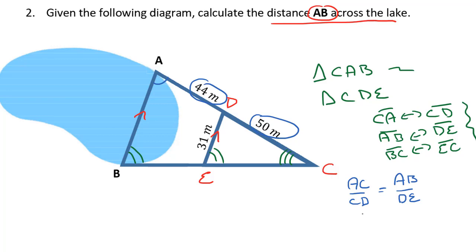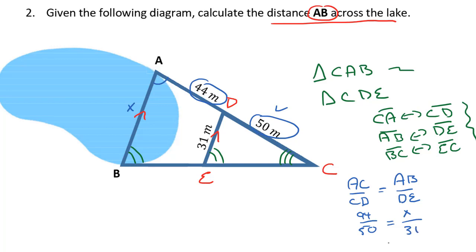So we can write that in, 94 meters. And the measure of CD is simply 50. That's our scale factor right there. AB is what we're trying to find. I'm going to mark that with an X, so we can just put X in here instead of AB. And DE we're given as 31.